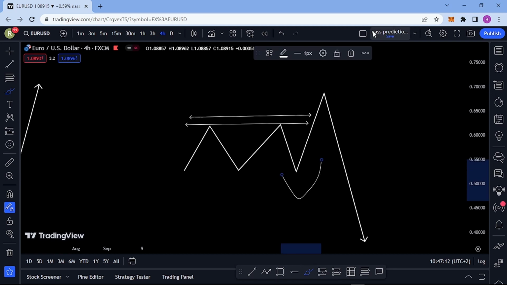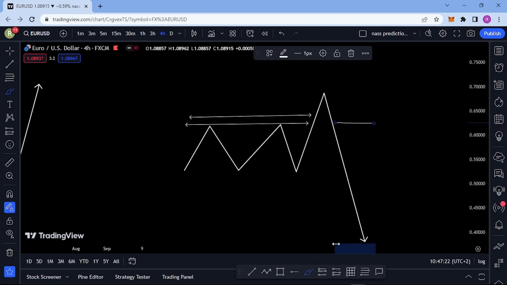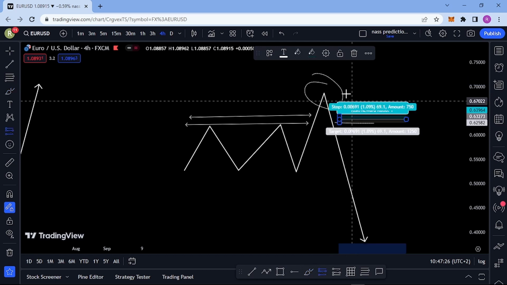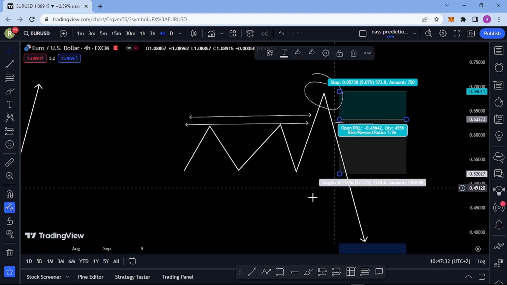So the market went for a liquidity sweep and took out both the buyers and sellers in the market. We can also enter based off this liquidity sweep, put our sell orders right there, our stop losses right above the highs, and our take profit at the lows.